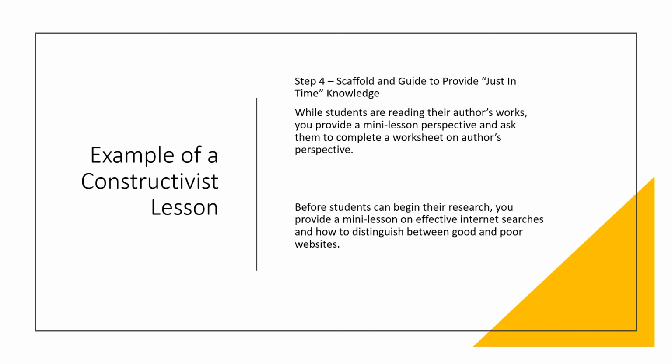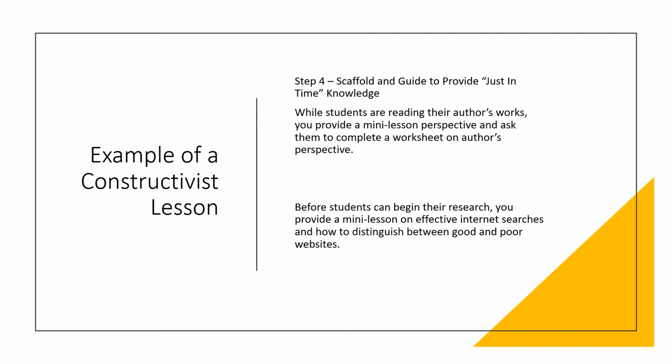While students are reading their author's works, you provide a mini lesson on perspective and ask them to complete a worksheet on author's perspective. Or, before students can begin their research, you provide a mini lesson on effective internet searches and how to distinguish between good and poor websites.